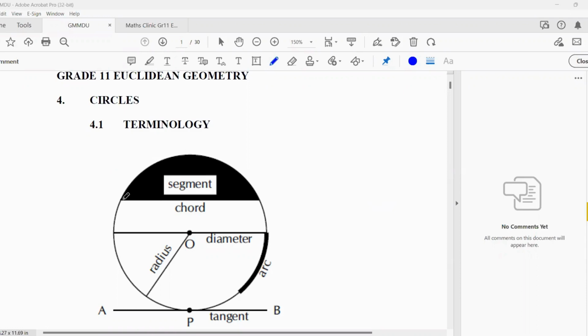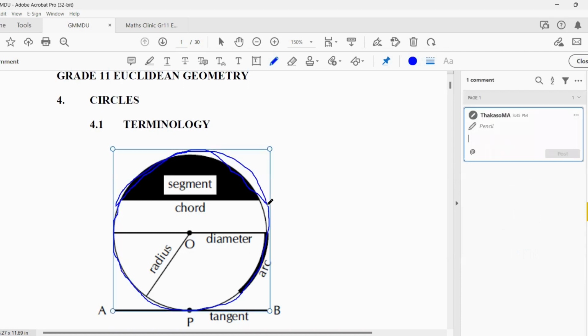So this round thing, we refer to it as a circle, and it consists of different sections. The outside of a circle, the round line outside, we refer to as the circumference.